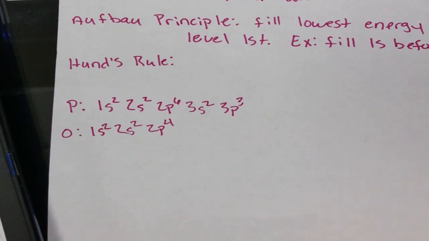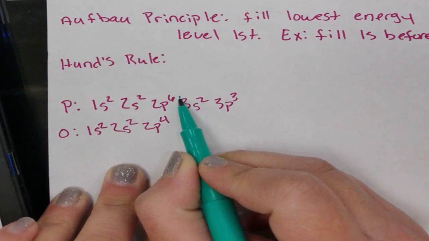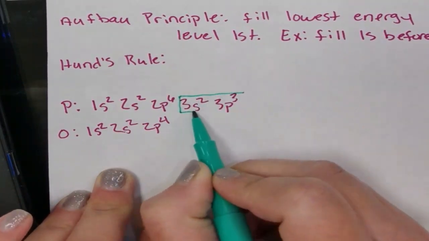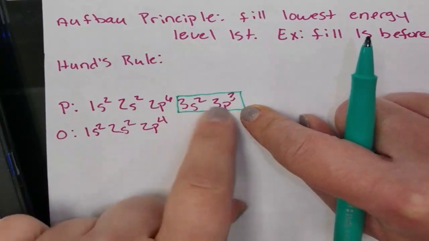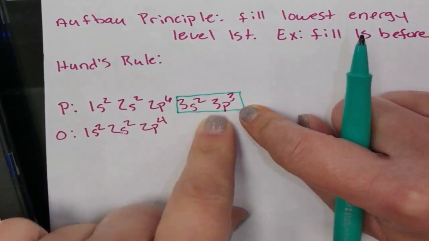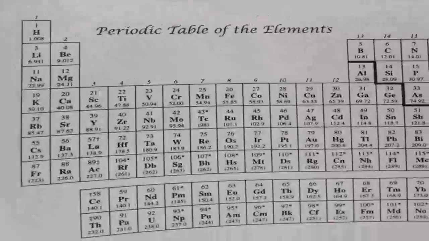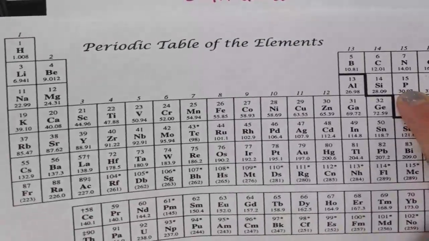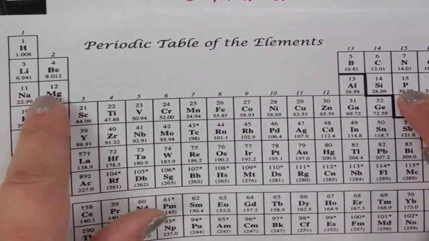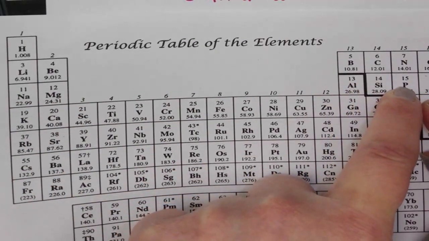Let's get a different color here. The highest 2 energy levels in phosphorus are the 3s and the 3p. This is the third energy level. Now, if we were to count our valence electrons for phosphorus, and we've learned to count valence electrons, here's phosphorus, we count them 1, 2, skip the center, 3, 4, 5.